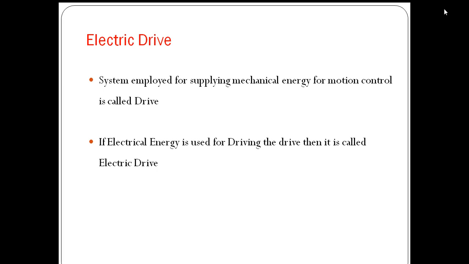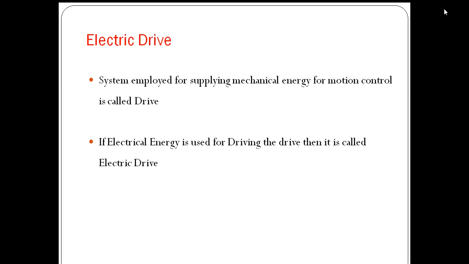In many industrial applications, an electrical motor is the most important component. An electrical motor, together with its control equipment and energy transmitting device, will form a drive. If we use the main power source as electrical energy, then we call it an electrical drive.